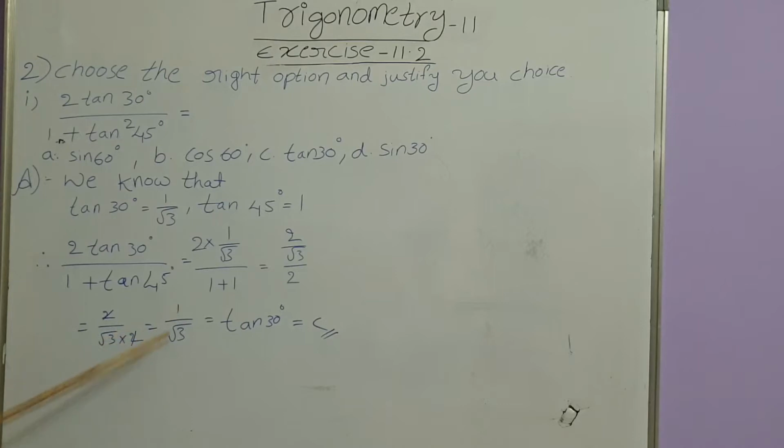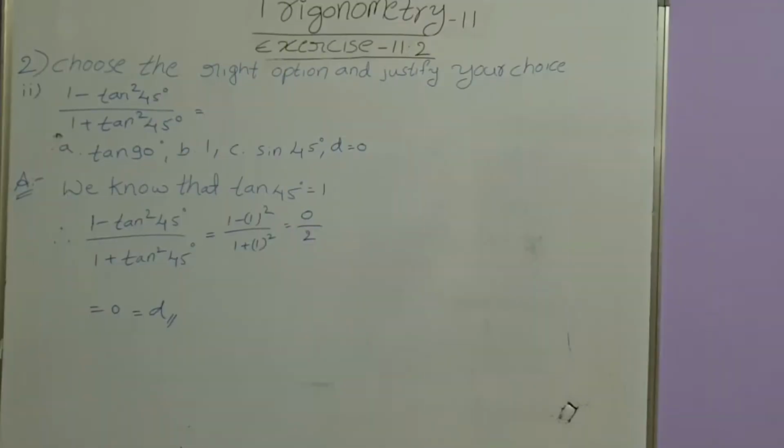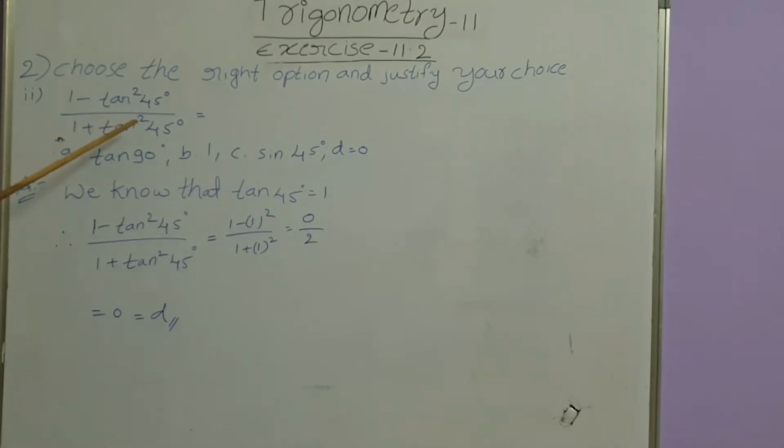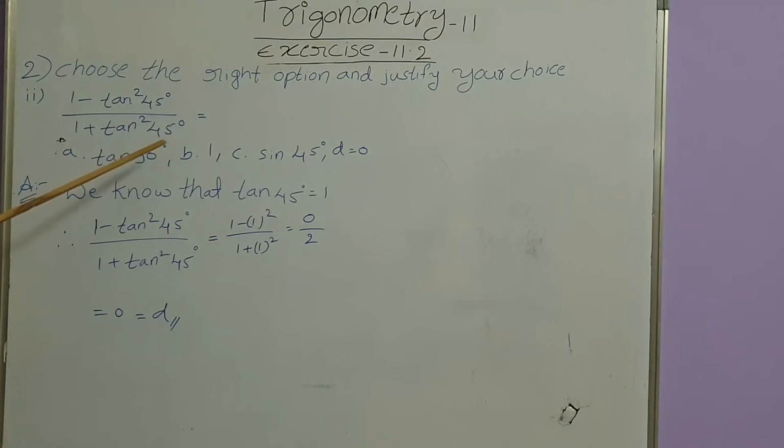We get 1 by root 3. The value 1 by root 3 is tan 30 degrees. So option C.